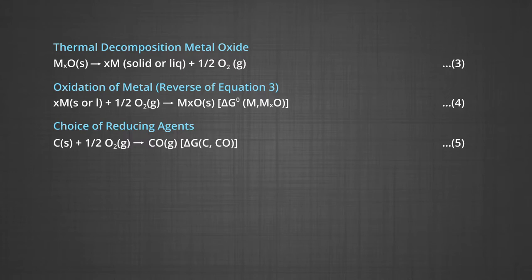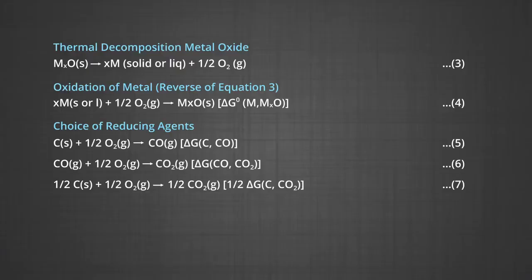For example, carbon solid reacts with gaseous oxygen to give carbon monoxide, or carbon monoxide reacts with oxygen to give carbon dioxide. If carbon is taken, there may also be complete oxidation of the element to carbon dioxide.